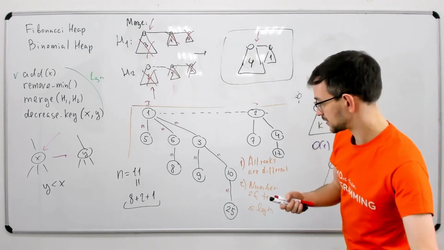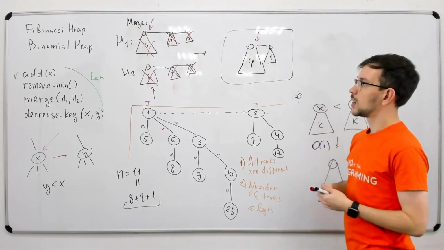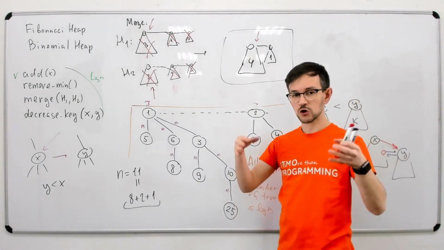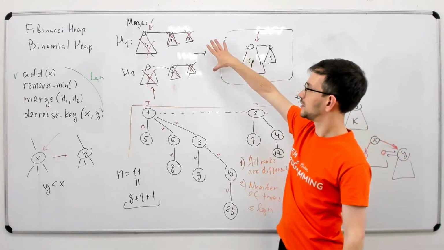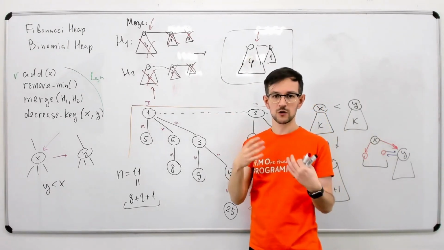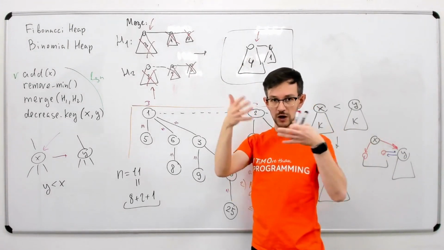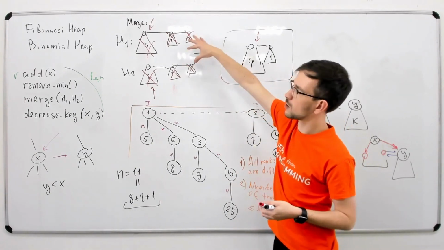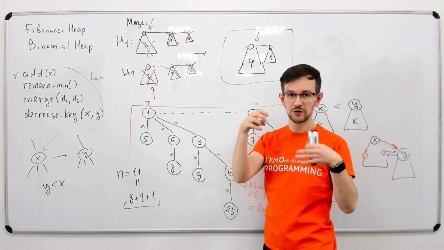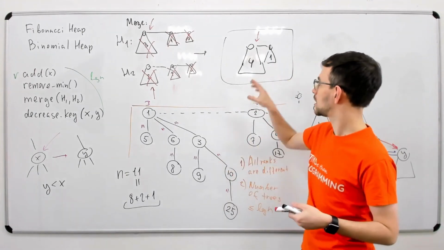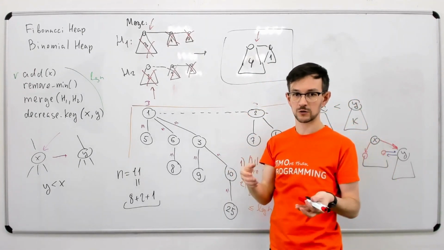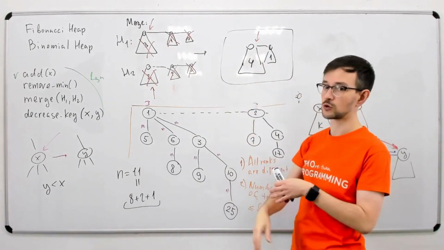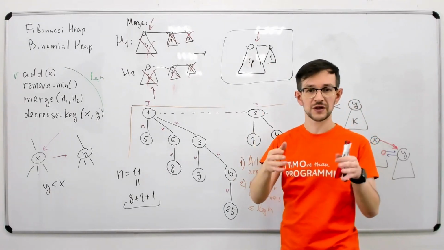What is the time complexity? Again, like in merging sorted arrays, here we make a linear number of operations. When you merge two arrays, each time you take either one element from here or one element from here, so the total number of these operations will be linear. And the total number of merging two trees will also be linear. So it's linear in the number of trees.